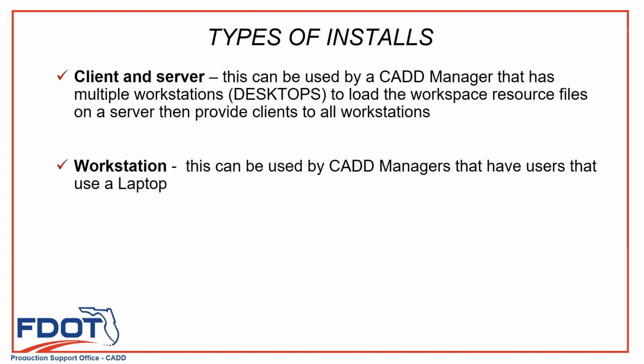This can be used by CAD managers that have multiple workstations or desktops to load the workspace resource files on a server and then provide the client to all the workstations, or just a typical workstation install that they can do to laptops or somebody that's not connected to a server.